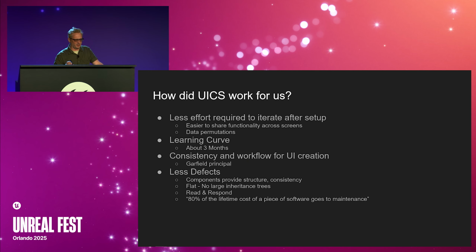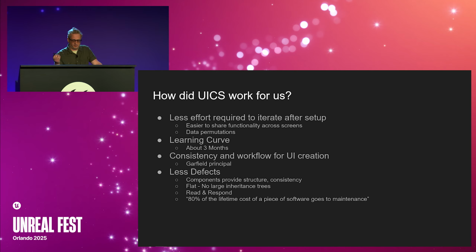I also feel that one of the reasons is that most of our components do something I call read and respond. They're responding to another component when it does something, and usually all they're doing is reading something from it. There are a couple of cases where that changes, but I think that's also one of the reasons we had fewer defects.